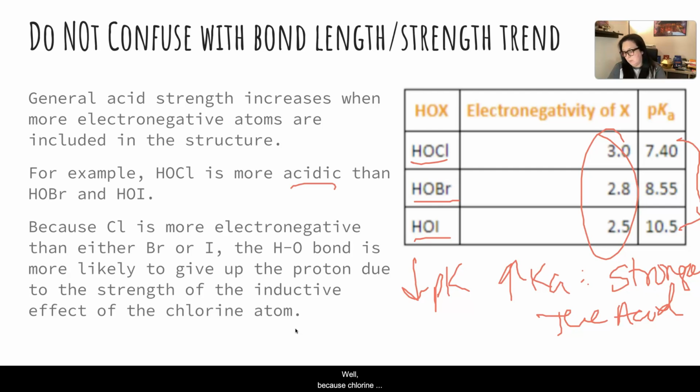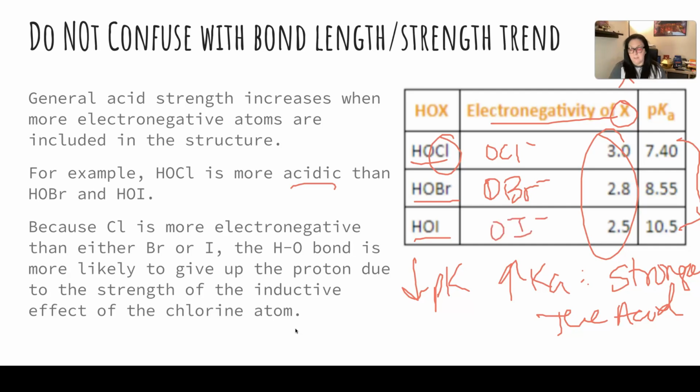Why? Well, because of the electronegativity of the X, the halide, because that's what's different between these three acids, which halide it is. So the Cl is more electronegative than either the Br or the I. So that OH is more likely to give up its proton, because when it does give up its proton, you're going to end up with OCl minus, OBr minus, and OI minus.